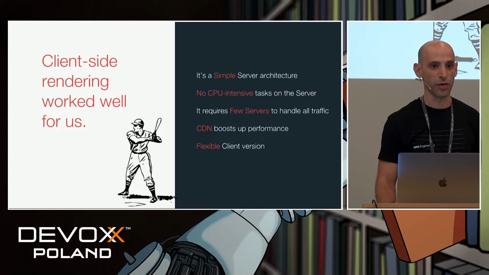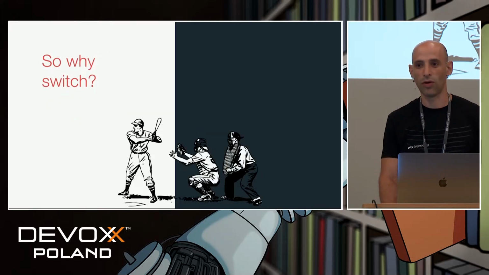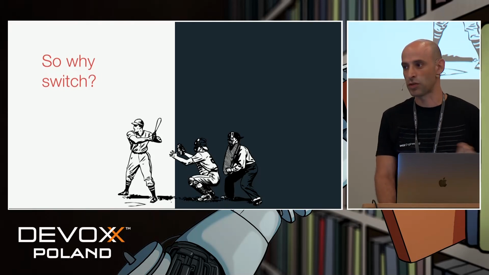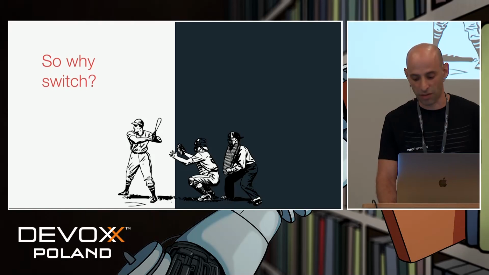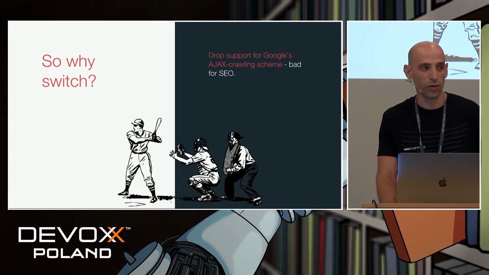So if it worked very well, why switch? It's the oldest saying in computer science: if it works, don't touch it. So why did we change? Something must have happened. The first thing that happened is that Google started to threaten to drop Ajax crawling.